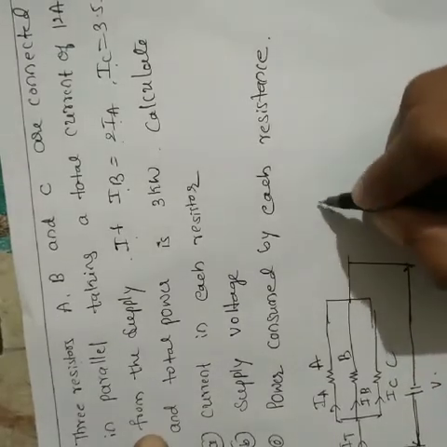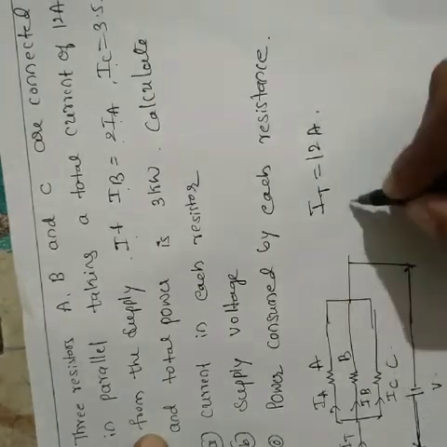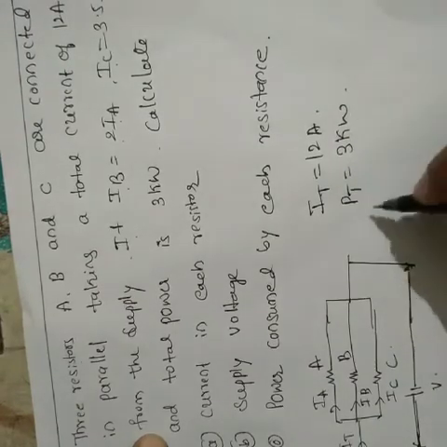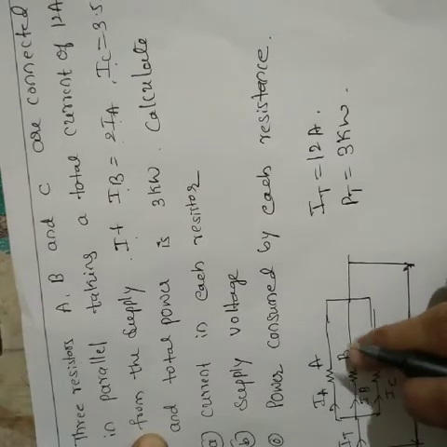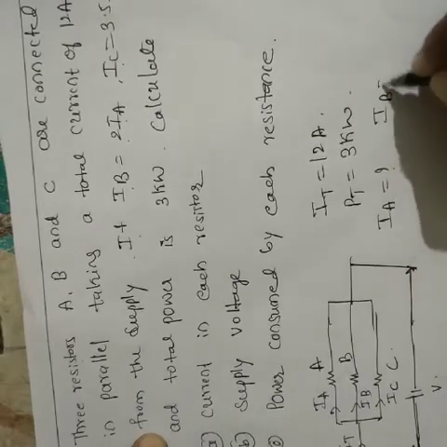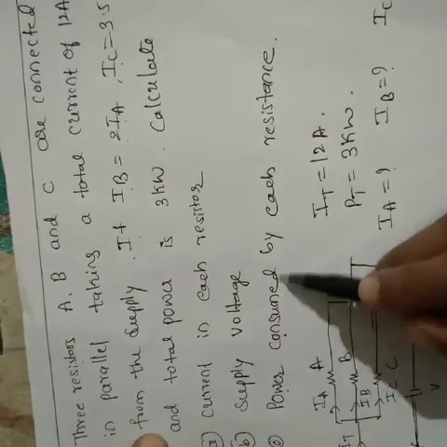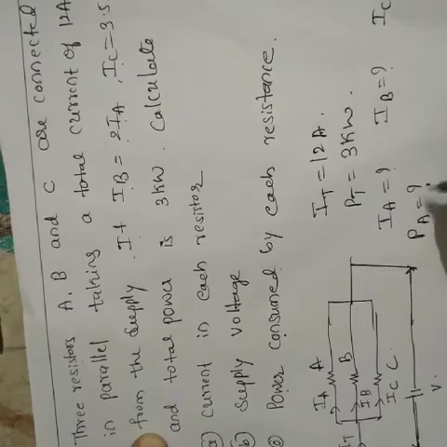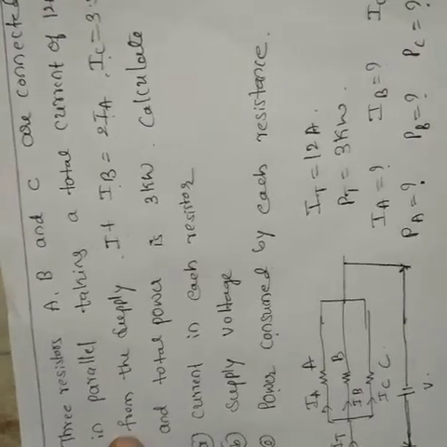Total current is given as 12 ampere. Then total power is given as 3 kilowatt. Calculate the current in each resistor, means IA is question mark, IB is question mark, IC is question mark. Then third one, power consumed by each resistance, means power consumption in A resistance, PA is question mark, PB is question mark, PC is question mark. This is the question being asked.